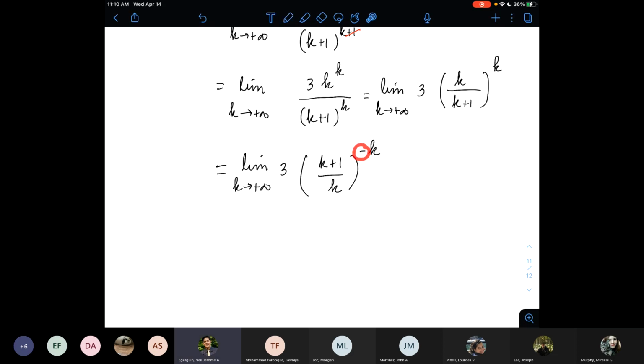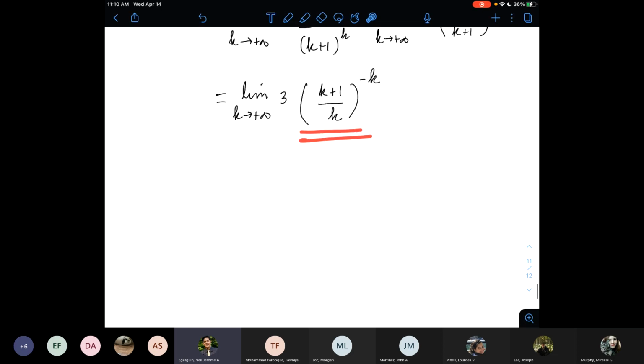Because remember, the negative sign will just reverse the order of the numerator and the denominator, leading us back to the original expression, right? But I prefer this form because I can write this as the limit of 3 times 1 plus 1 over k raised to the power negative k as k approaches infinity, right? Simple fraction, simple division there. Exactly, Nathan.